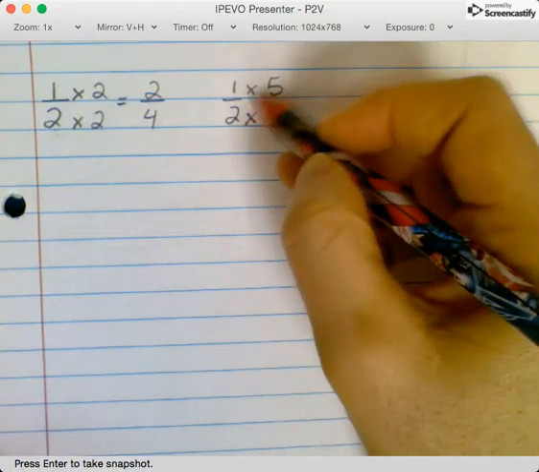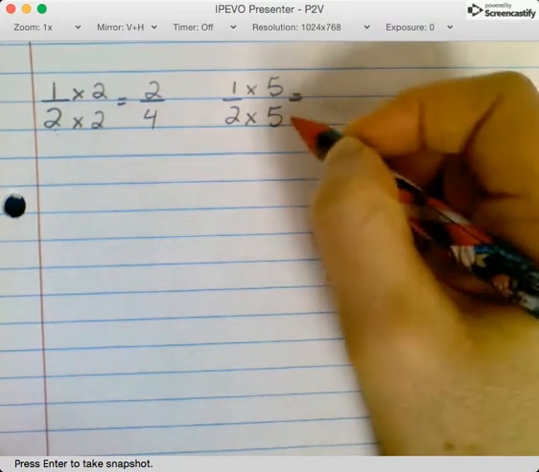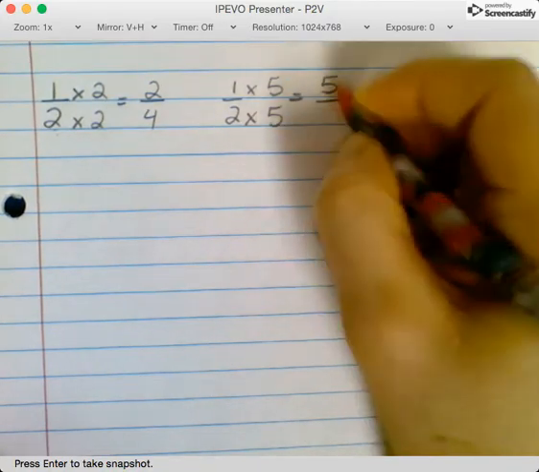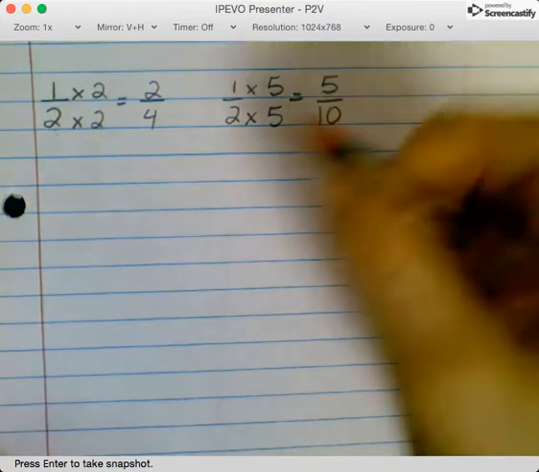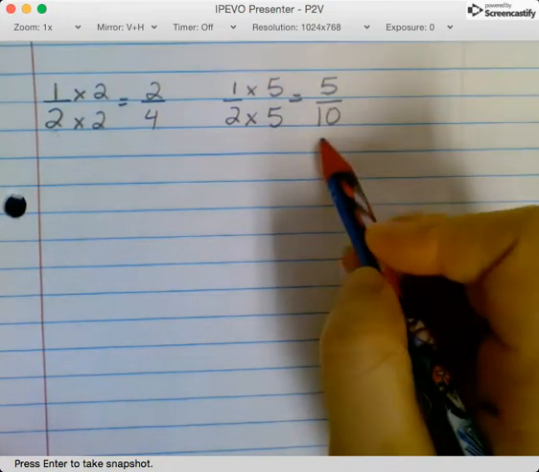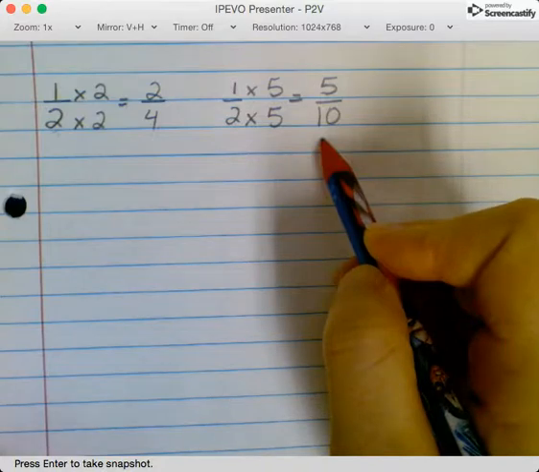So again, I would multiply both numbers times the same thing. 1 times 5 is 5. 2 times 5 is 10. And so 1/2 is equal to 2/4. It's also equal to 5/10.